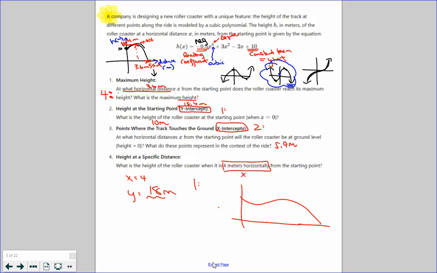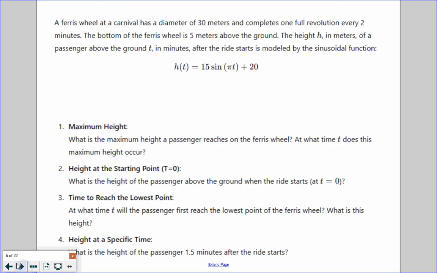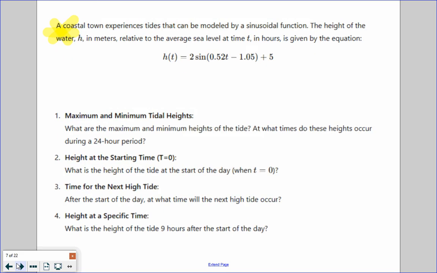Okay, one more I want to do with you, and it's going to be a sinusoidal. So this is what we did on Friday or Saturday, or Thursday. So it's the last one in your booklet. So all the way on the very back side.